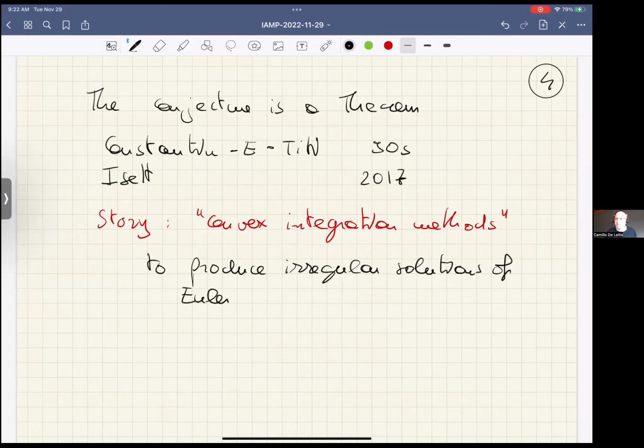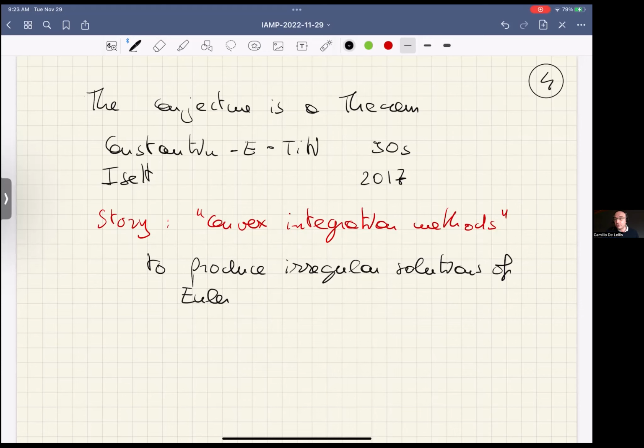Well, of course, once you have done this, you want to go back to Kolmogorov and Onsager himself, actually, because he's deriving this conjecture as a limit of solutions of Navier-Stokes, which you might regard as, I don't know, the true physical solutions. And what you would like to do, naively, is take some of these solutions which are irregular and which are produced by these methods, and see if you can approximate them with actual solutions of Navier-Stokes.